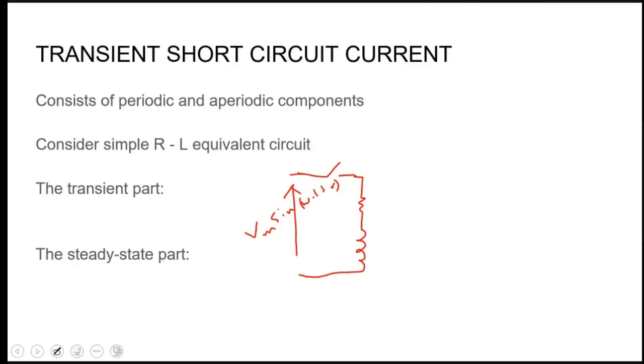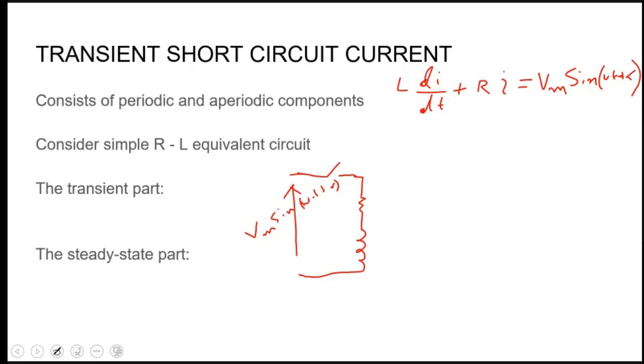Now, when it is excited with sinusoidal voltage, its differential equation is simply L di by dt plus R into i equals Vm sine omega t plus alpha.